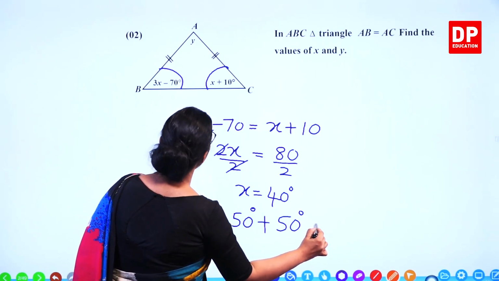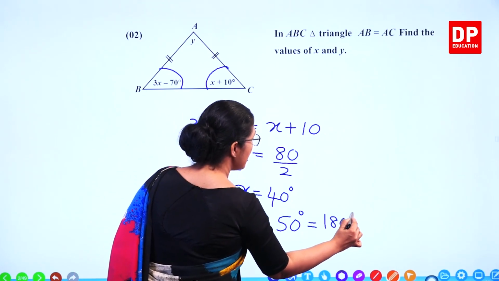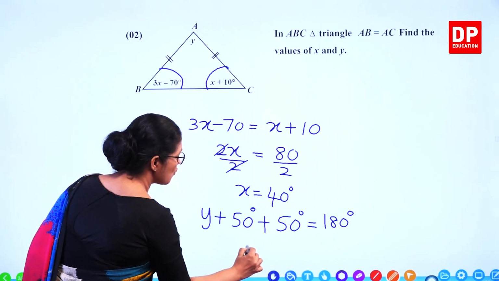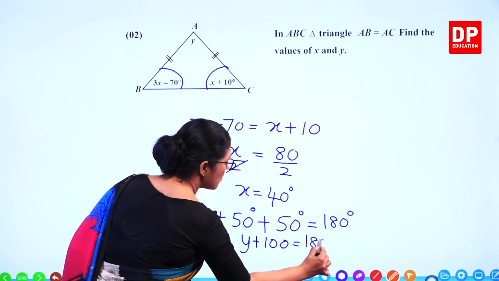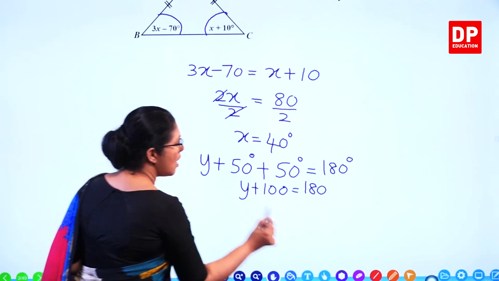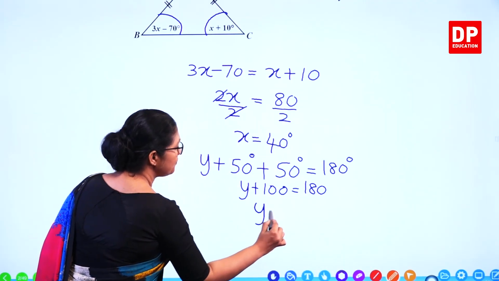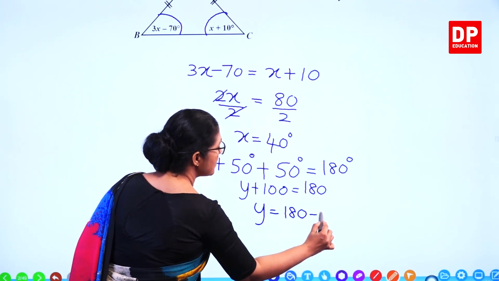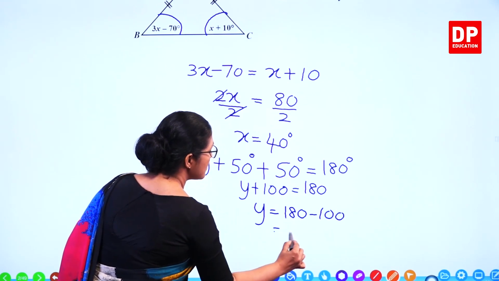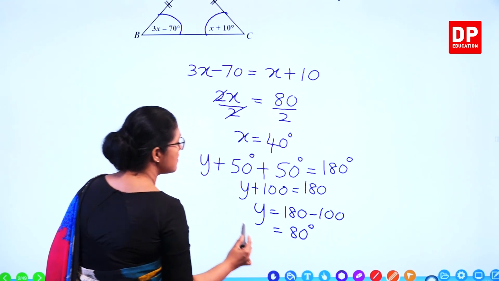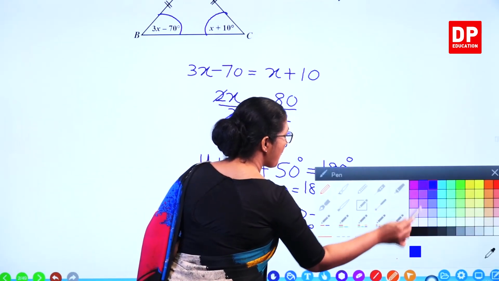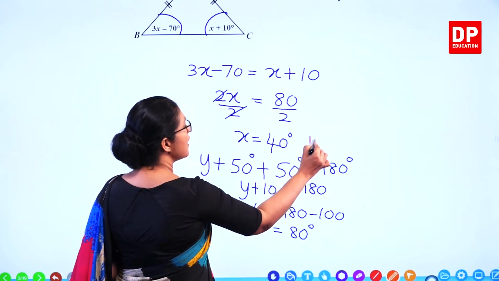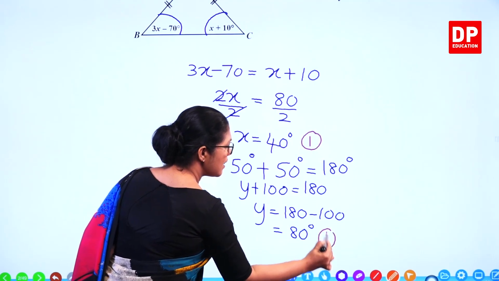That's equal to 180. 50 and 50, 100. So y plus 100 is 180. So y becomes 80 degrees. 180 minus 100. So this is 80 degrees is the y angle. So you get 2 marks. 1 mark for finding x, 1 mark for finding y value.